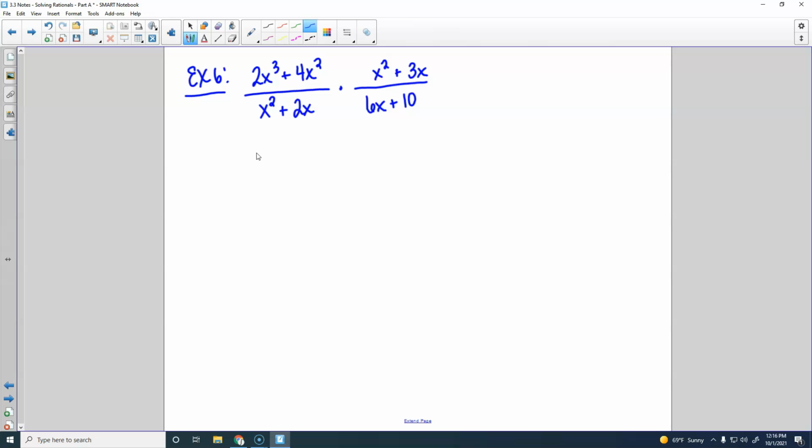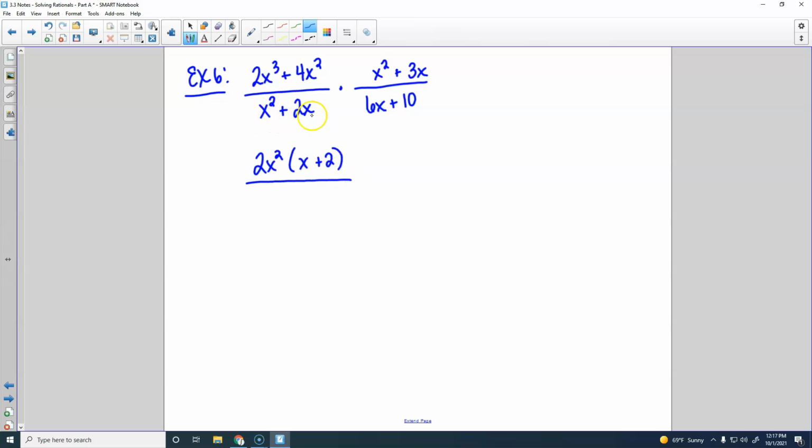What can I do to factor 2x to the third plus 4x squared? That one's not going to factor into like two sets of parentheses, right? What does it have that I could pull out? 2x squared for that one. So I'm going to factor out 2x squared, and that is going to leave me x plus 2.